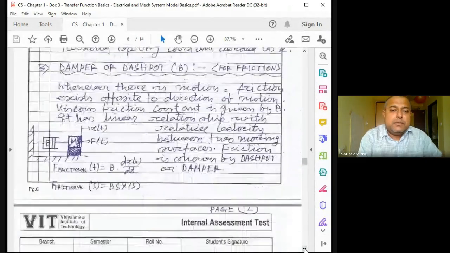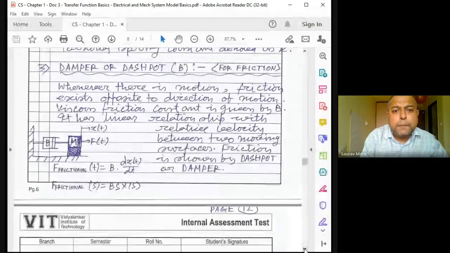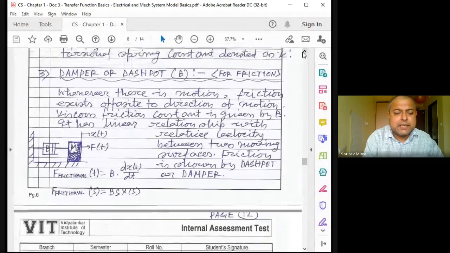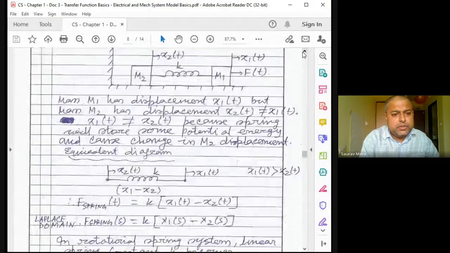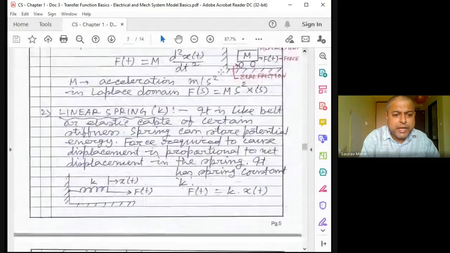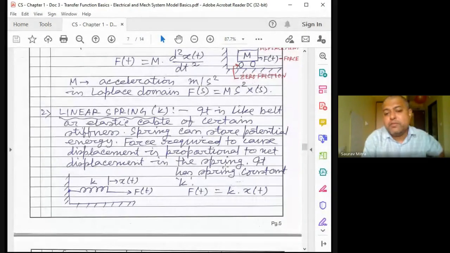Last one, which is equivalent to resistance in your electrical circuit. So I gave you the analogy of the spring. Though the spring looks like inductance, there is no relationship between spring and inductance. Spring is actually equivalent to 1 upon capacitance, because the spring also stores energy, and capacitance also stores energy.